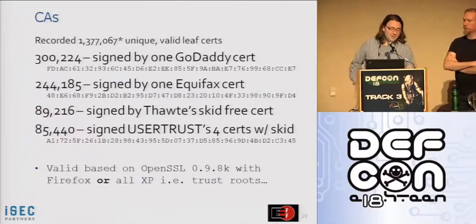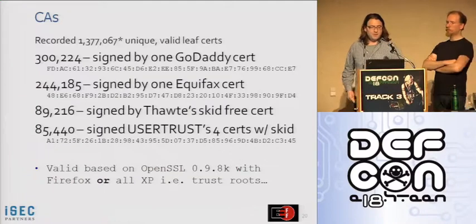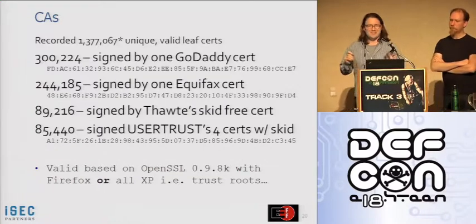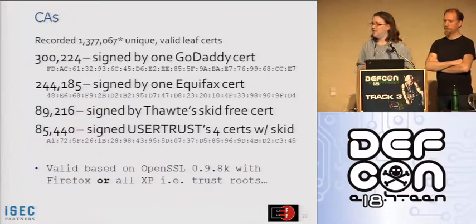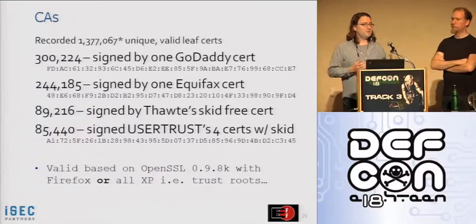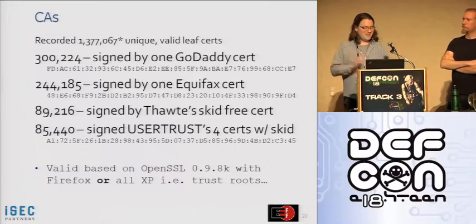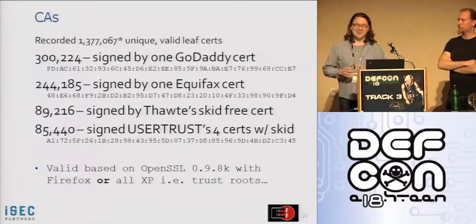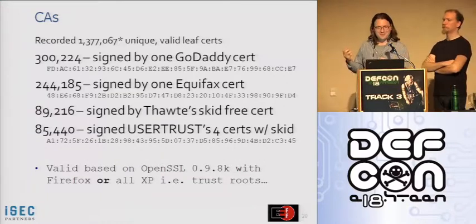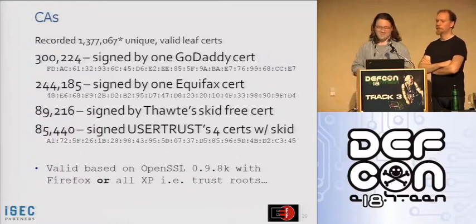And then there are 85,000 plus from user trusts for certs, all with the same SKID, which is kind of a strange thing. It's possible that when you're doing certificate revocation, you might want to have different domains. It's a really weird world to see which ones have unique keys and which ones have unique SKIDs.